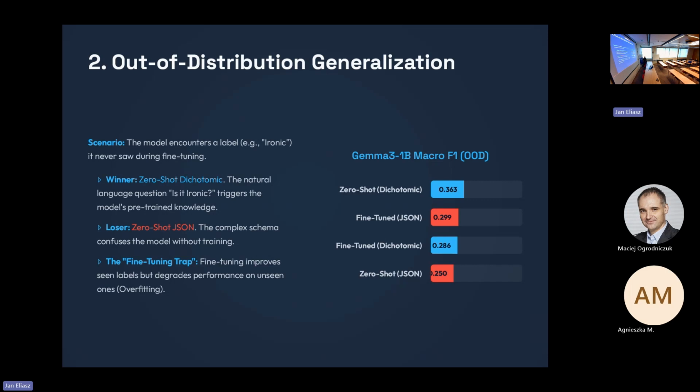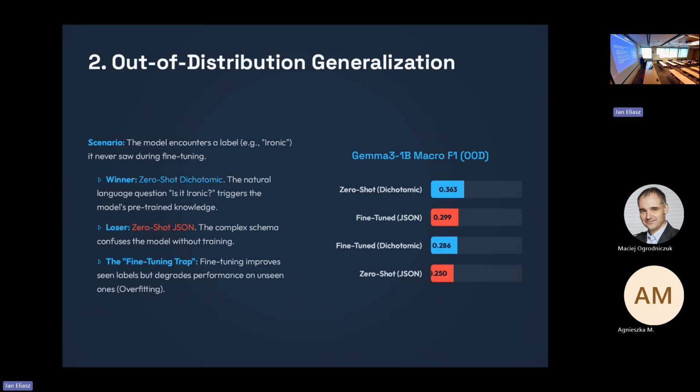And we also see on these results that if we fine-tune the model, then we are in some kind of trap, I would say, because the model cannot generalize well.